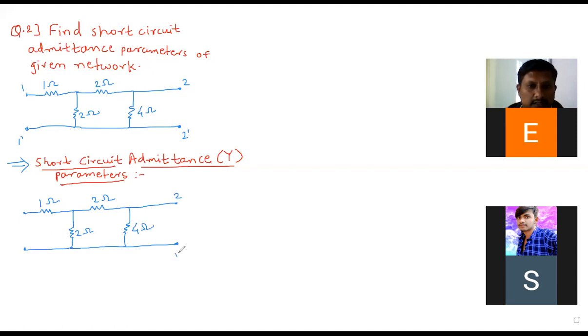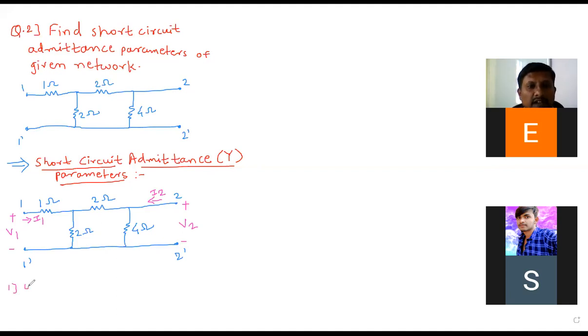This is 2 dash, this is 1 dash. The variables you can show: the current here is I1, the port 1 voltage is V1, plus minus, V2, and this current is I2. Now, how to start?